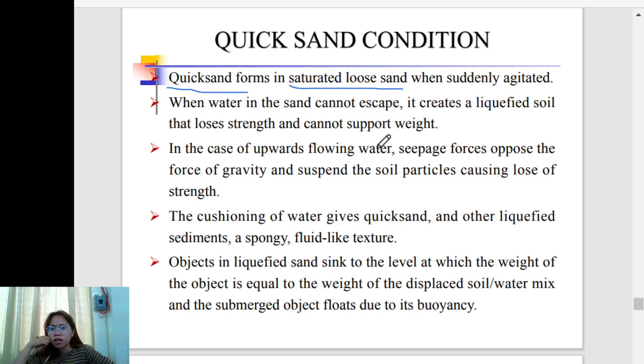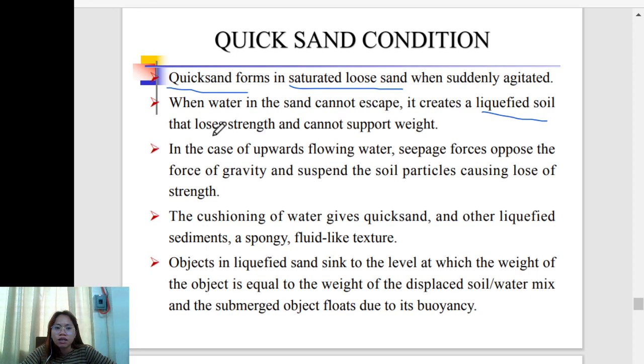So that is quicksand. When water in the sand cannot escape, it creates liquefied soil and loses strength and cannot support weight. So that is why you sink here, you keep sinking, no?